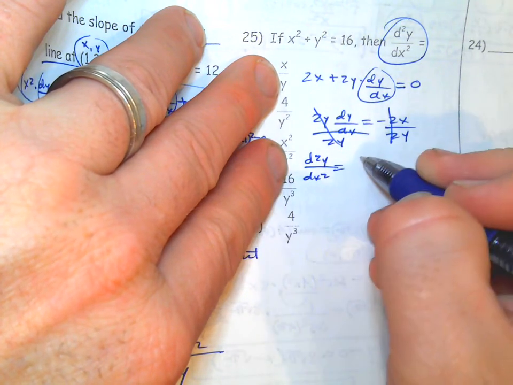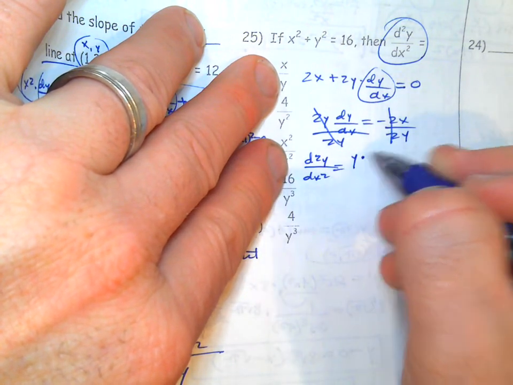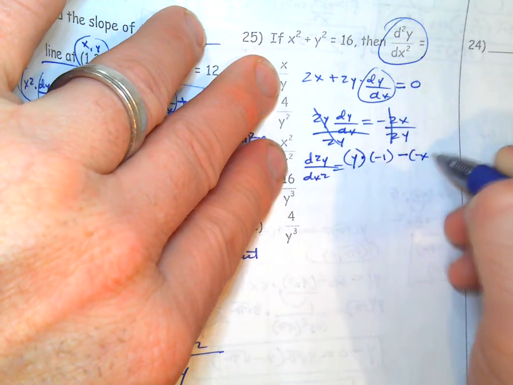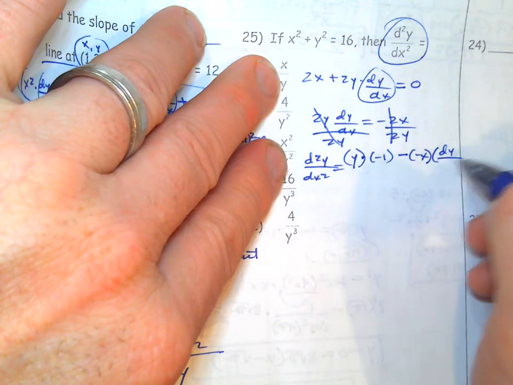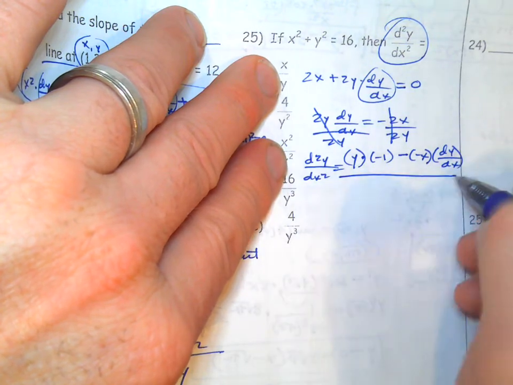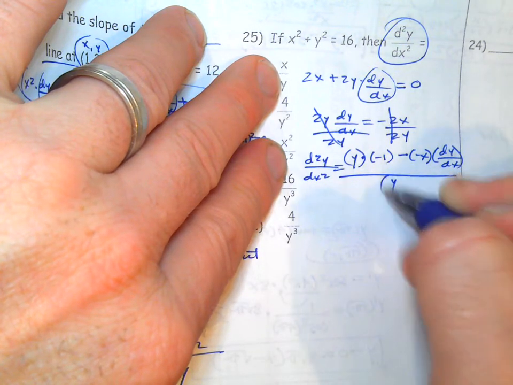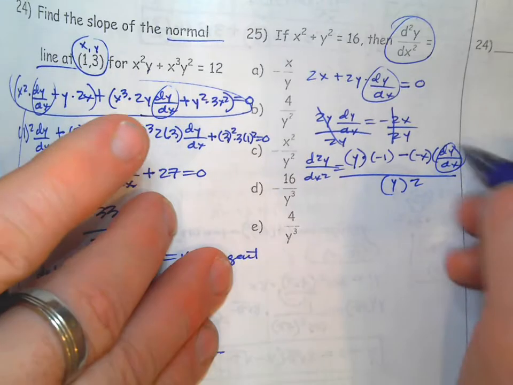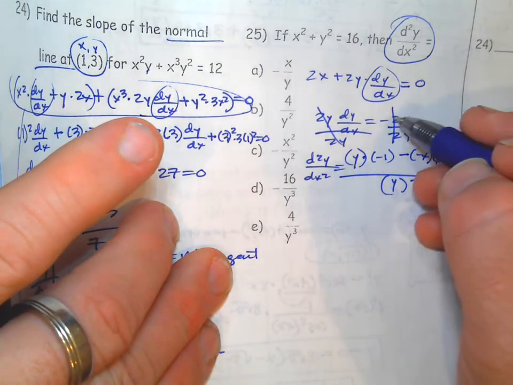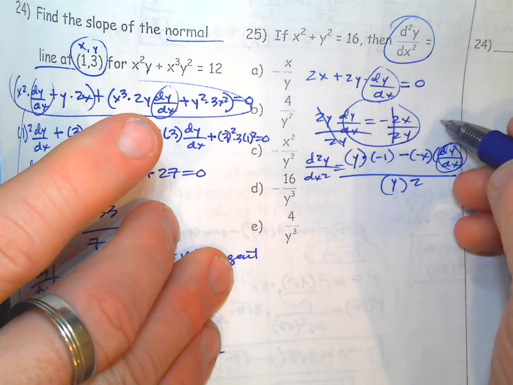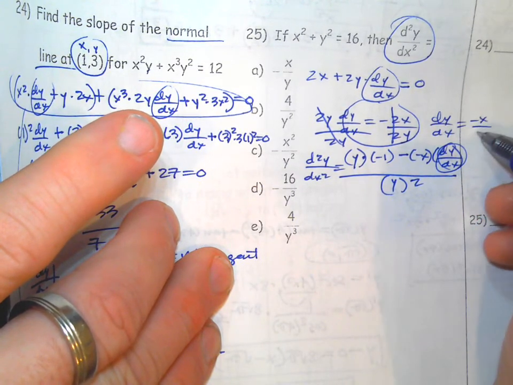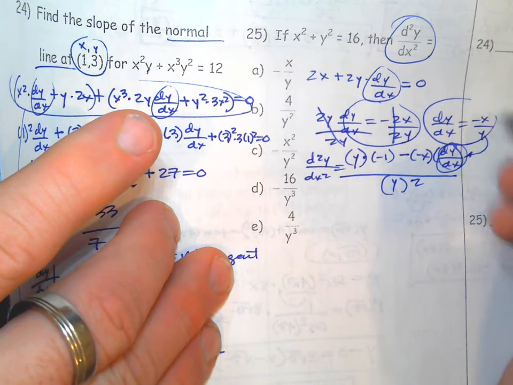we do quotient rule, low d high minus high d low all over low squared. Now we don't want dy dx in our final answer, so the dy dx we got was negative x over y, so we're going to plug that in for this.